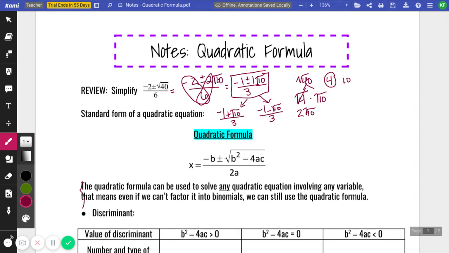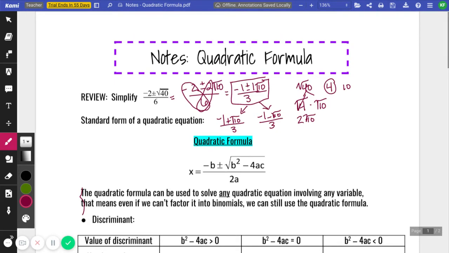When we take the square root, I'm going to do another example over here. When I take the square root of 4, I know that means I multiplied something by itself to get 4. So that means I multiplied 2 times 2 to get 4. So that means 2 is the square root.